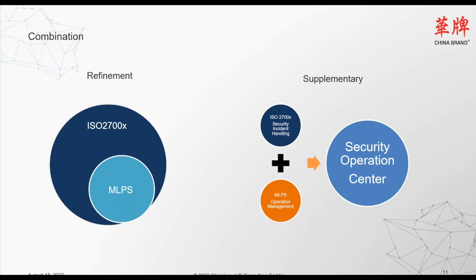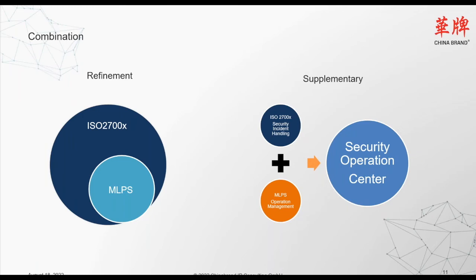So there are parts where the requirements in the MLPS are much more detailed than in the ISO 27000 series. So therefore, the MLPS requirements can be taken into the ISMS system. And there are areas where this is very much supplementary.